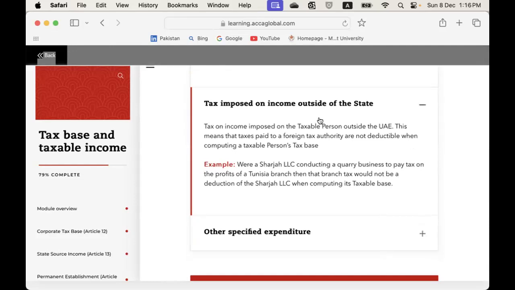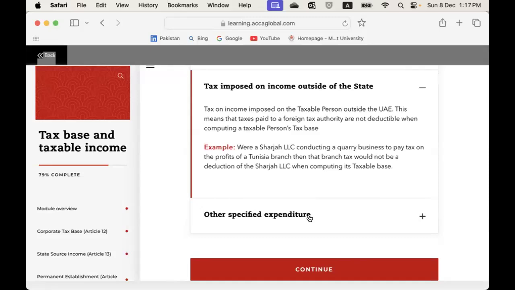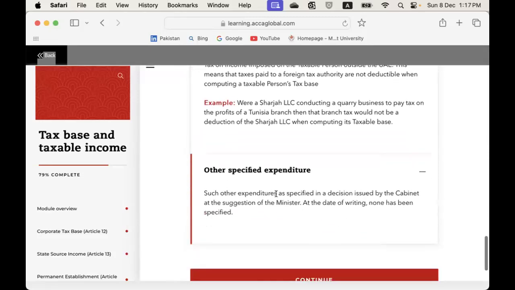Tax imposed on income outside the state. Tax on income imposed on the taxable person outside the state. This means that the taxes paid to the foreign tax authority are not deductible when computing a taxable person's tax base. Yes, this is a tax credit. You don't deduct tax credit as an allowable deduction. Tax credit you deduct out of the liability.